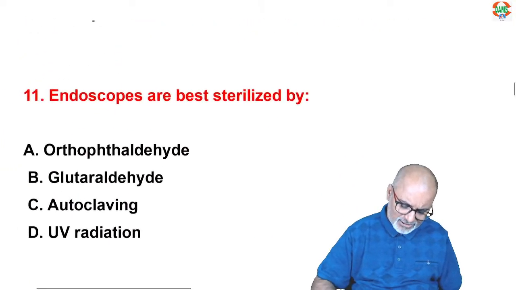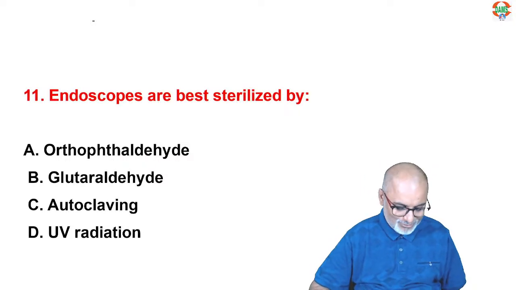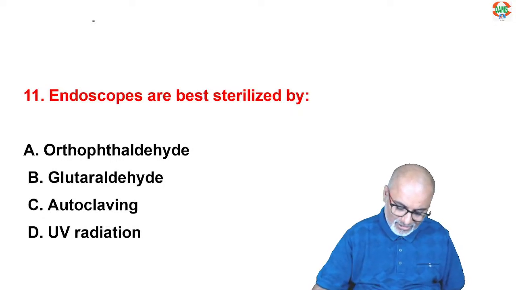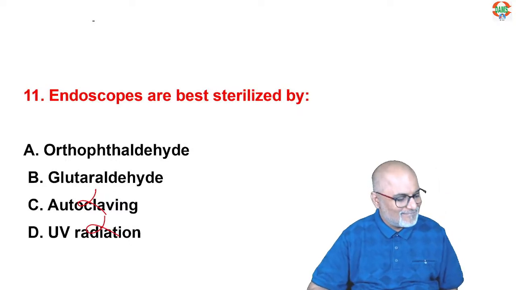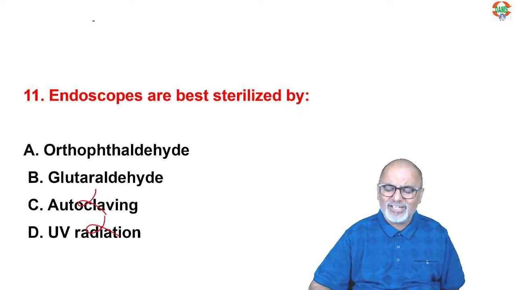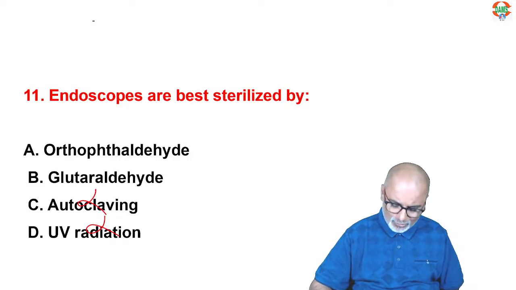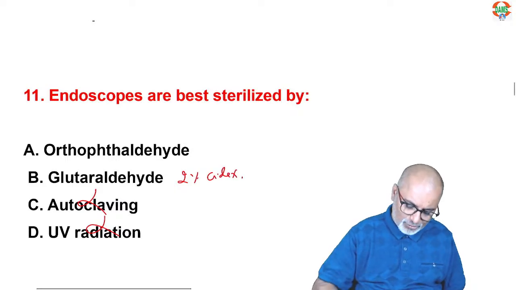Endoscopes are best sterilized by? Good question. It will confuse you. Not autoclave, not UV rays. Everybody thought glutaraldehyde 6-7 years ago. Glutaraldehyde was good. We call it 2% Cidex. But now the ultimate one is orthophthaldehyde 0.55%.